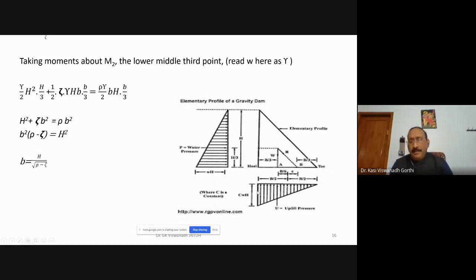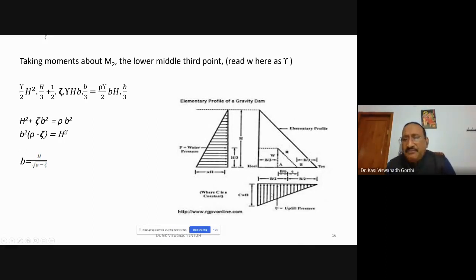Now, based on the stress criteria, considering the additional force, what should be the base width of this elementary profile is what we are trying to evaluate. This is a simple triangular section having a base width b. W is the self weight of this elementary profile, and h is the height of water, and hence gamma h is the water pressure intensity.